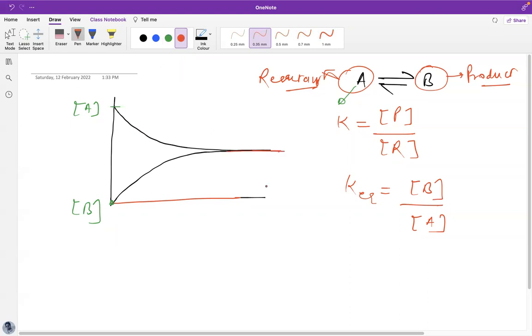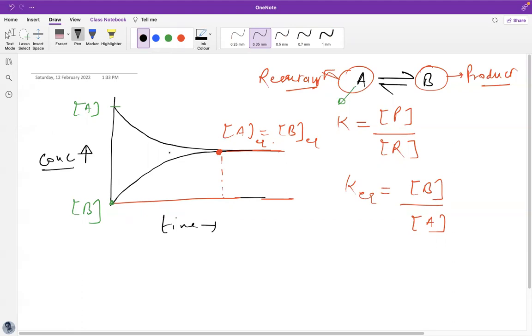And after some time, you can see from here, at this point, the concentration of both becomes equal. And this is the time of equilibrium when both concentrations become equal. This is time and this is concentration. During the passage of time, the concentration of reactant will decrease and product will increase. But in case of equilibrium, the rates of change of A and B are equal.